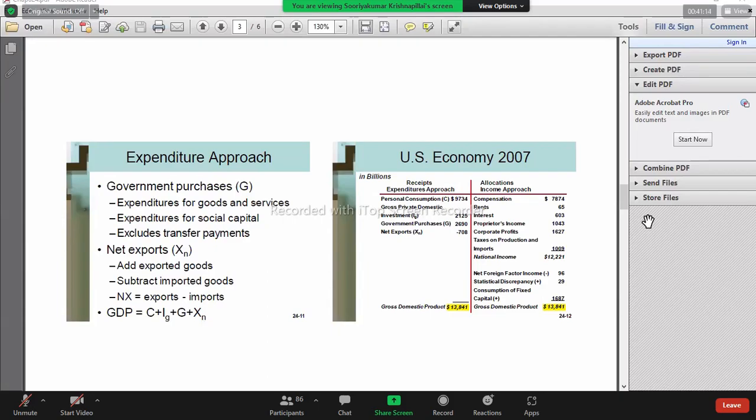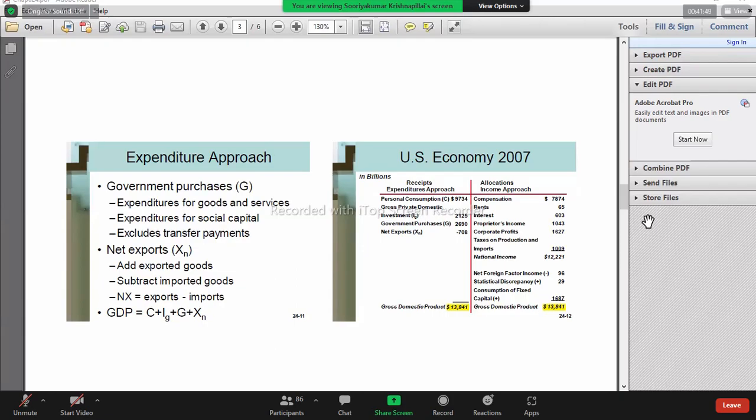So all the resources supplied by Americans, domestically or internationally, are counted in corporate profit, proprietor's income, interest. And taxes on production and imports, that is import tax to the government. If we sum this up, we don't call it GDP. This is national income.